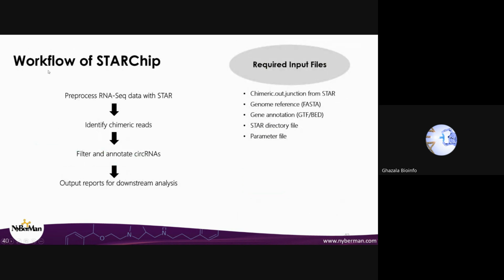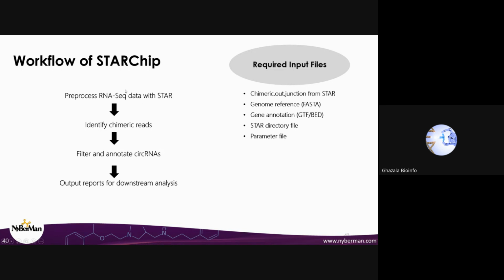So when we see the workflow, we need to first process the sequence that we have with STAR, where we are doing indexing first, so that the reads will be in the exact order of our genome, based on the chromosomal order.